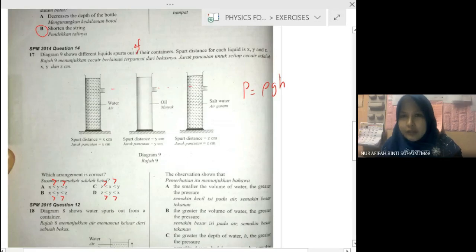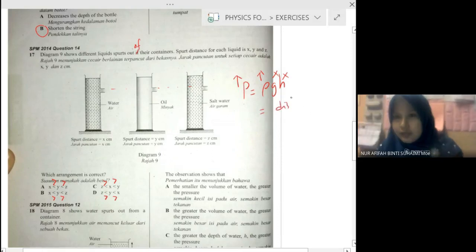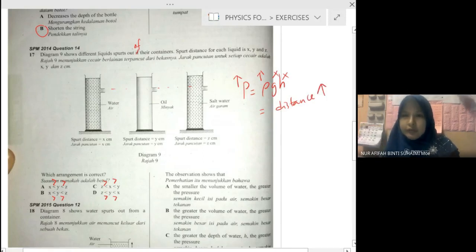So H is not relevant, g is not relevant either. So it is density. If density increases, pressure also increases. So the spurt distance also increases. So which one? Oil, water, salt water. Which one is the densest?